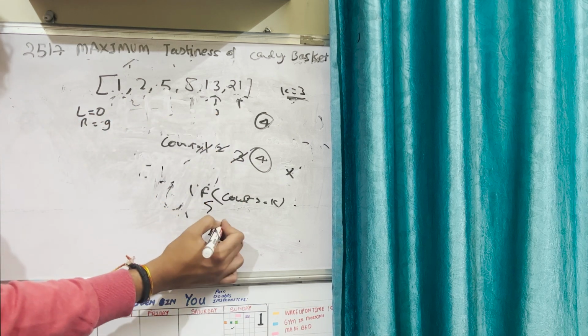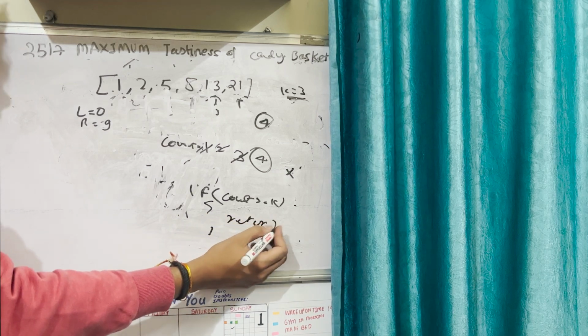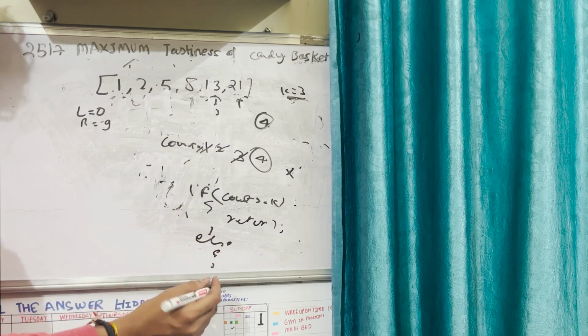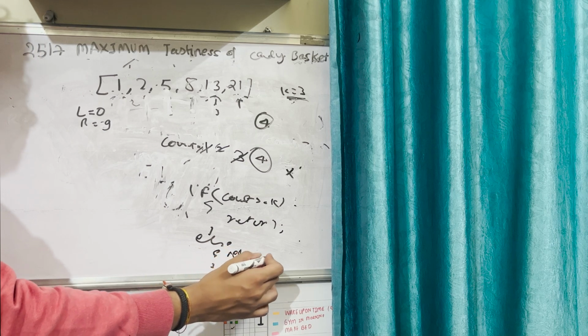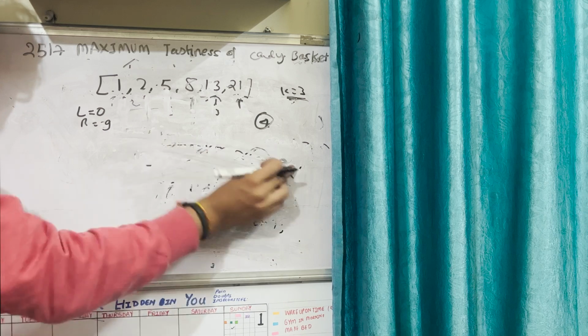So then we will return 1. Okay. Else we will return false, that it is not possible. We will return false.